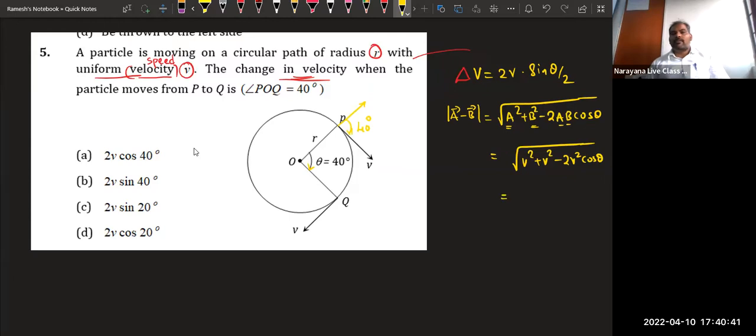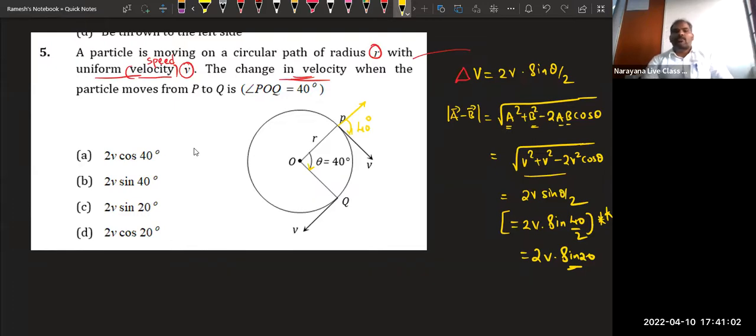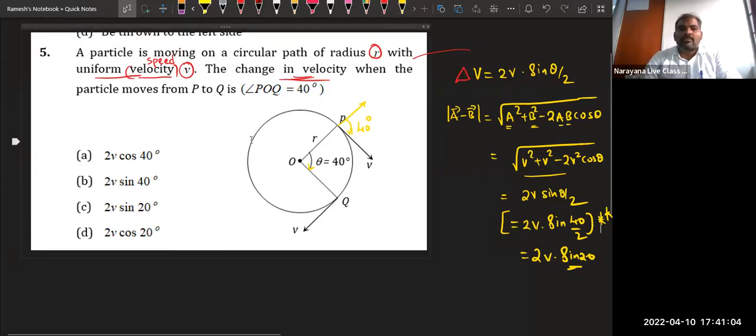So to simplify, you will get 2v sine of theta by 2, that is 2v sine of 40 by 2. So what is your final answer? Sine of 20. In the exam, you should not waste time. You should not use pen and paper. If you use pen and paper, it is an insult for me. Okay.